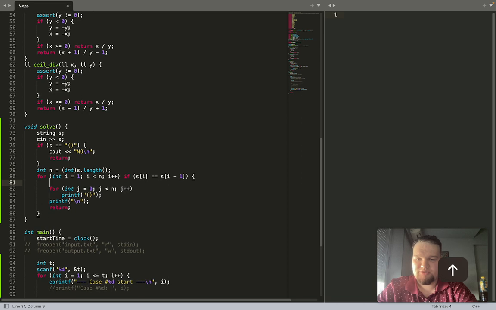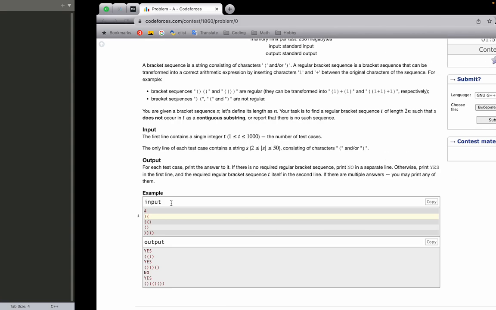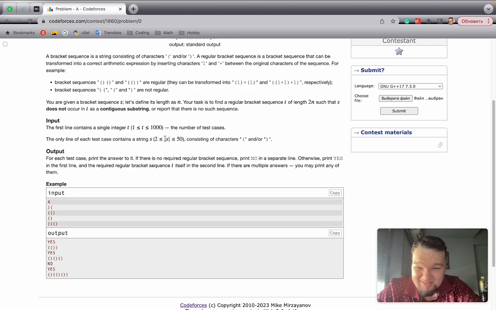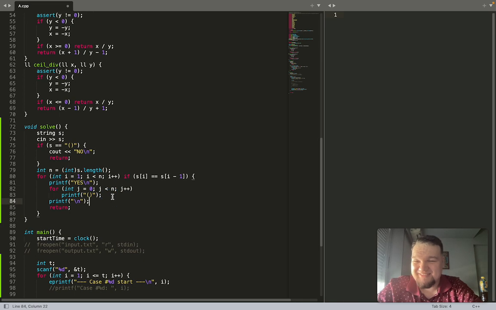Also I should print yes, and I'm switching back to print. Well, it's not a lot of input and output, like 10 to the 5th strings should be fine. Should not be too slow.